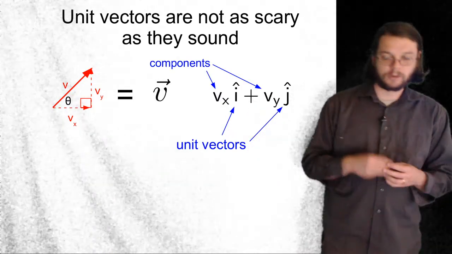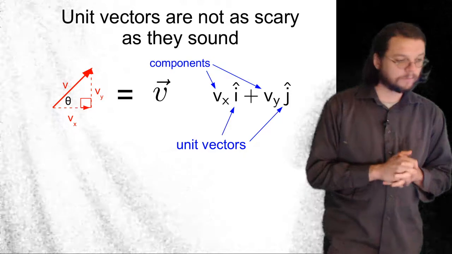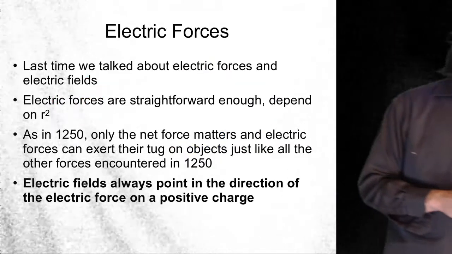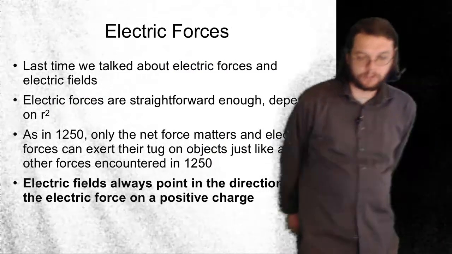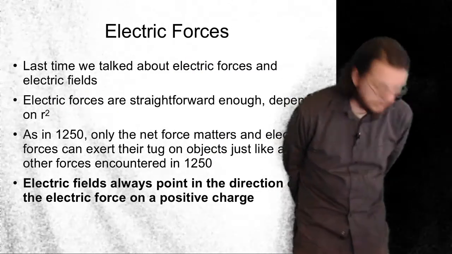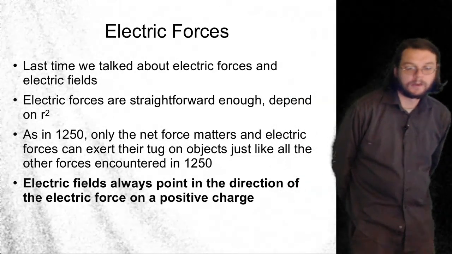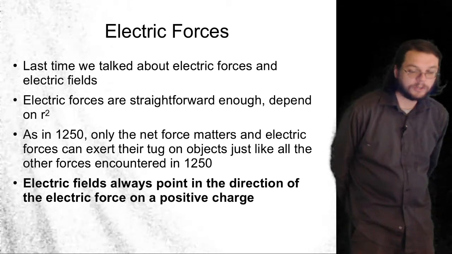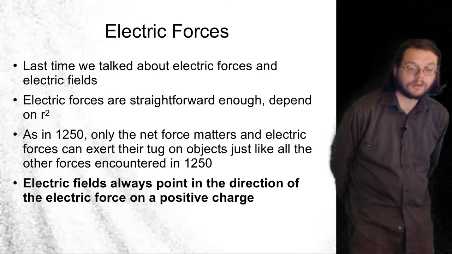Now we're going to start to get back to electricity and electrostatic forces. All right. So last time we talked about electric forces. We talked about how the Coulomb force goes as 1 over r squared. So if you increase the separation by a factor of 2, the force goes down by a factor of 4, things like that.